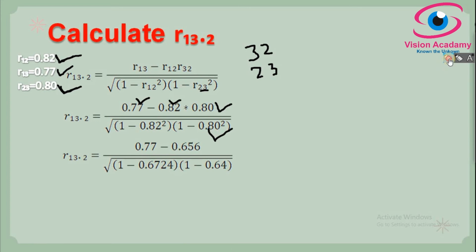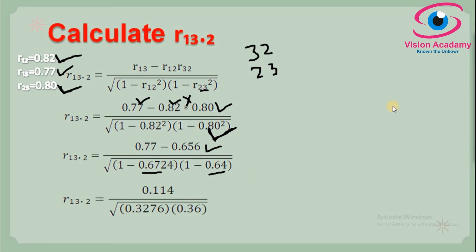When I multiplied 0.82 into 0.8, I got 0.656. In the denominator I will take the square of 0.82, so that is 0.6724, and here I have also taken the square of 0.8, that is 0.64. So I will go for further simplification.